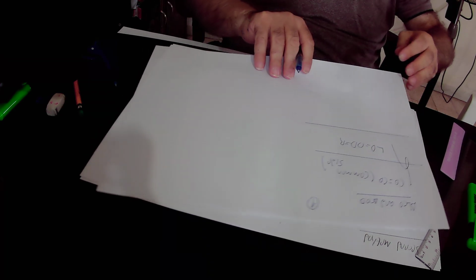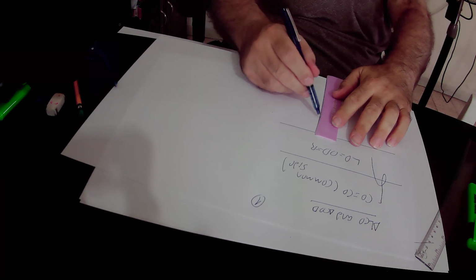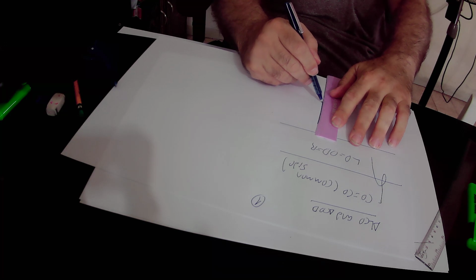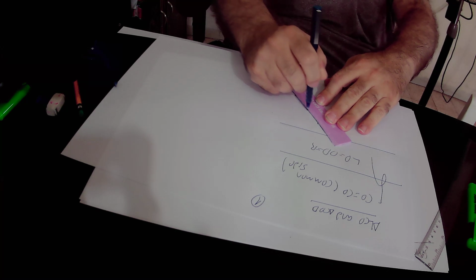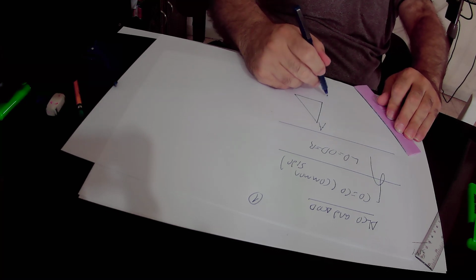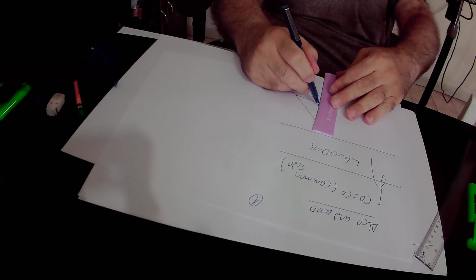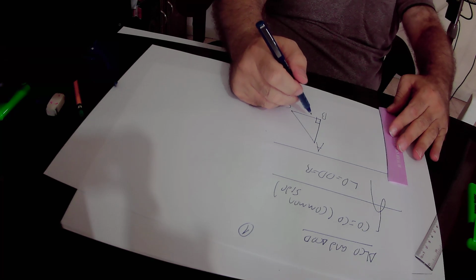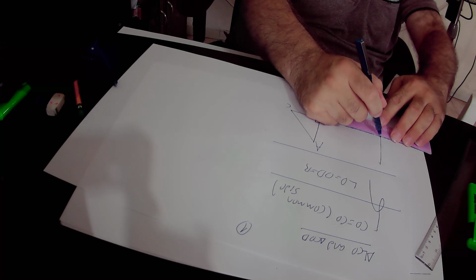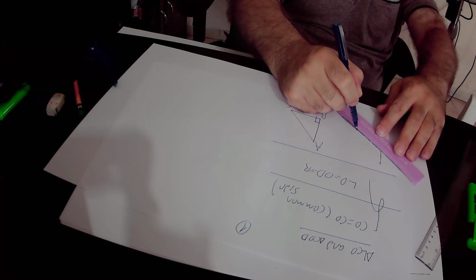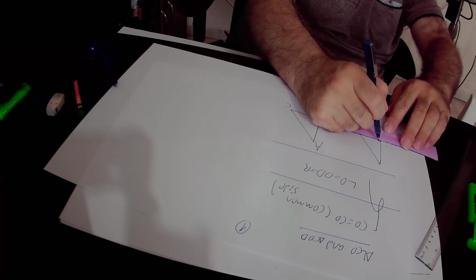For example, if we have this right triangle, triangle ABC, this angle equals 90 degrees. And we have also the right triangle, triangle DEF. This angle equals 90 degrees.